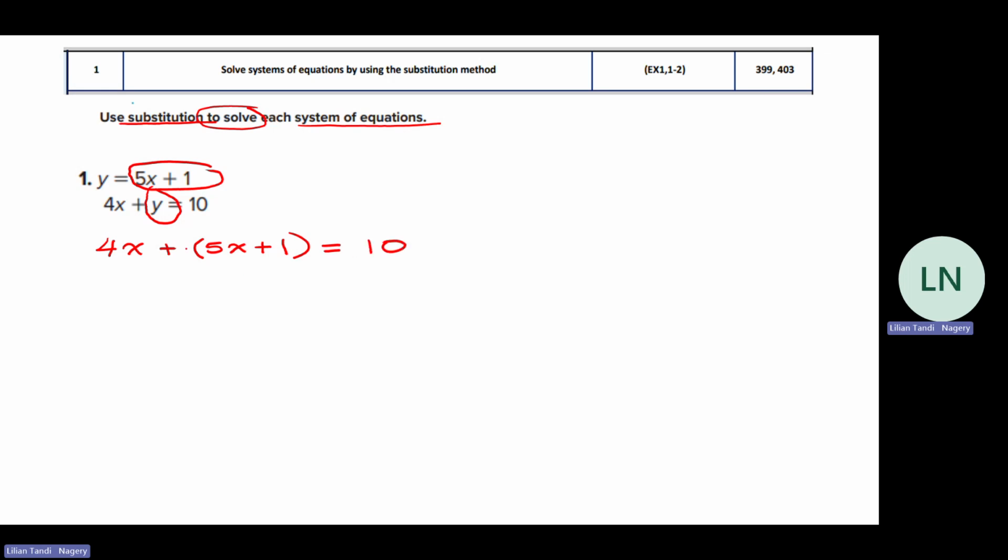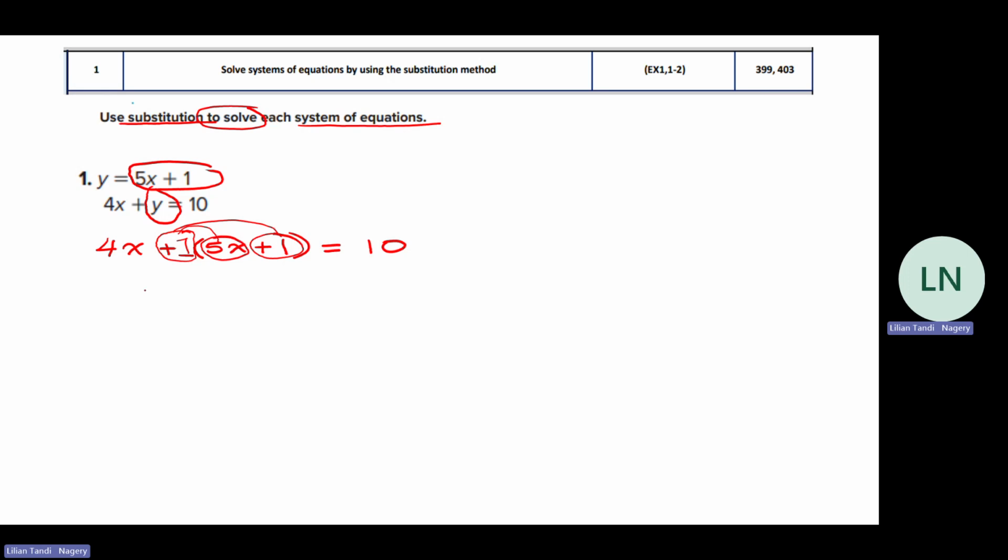Now, as you notice, in front of my parentheses, I don't see a number. And if I don't see a number, I will have to put 1. Okay? Then I take the number together with the operation or the sign, I take the number with the sign and multiply using the distributive property.